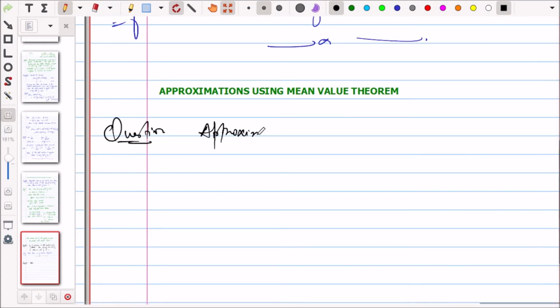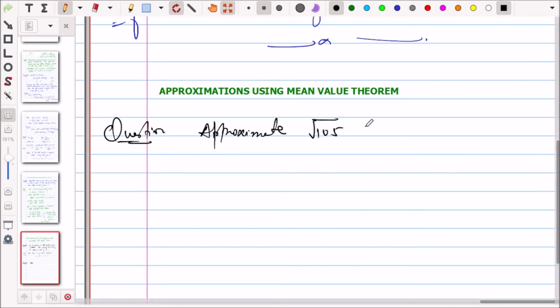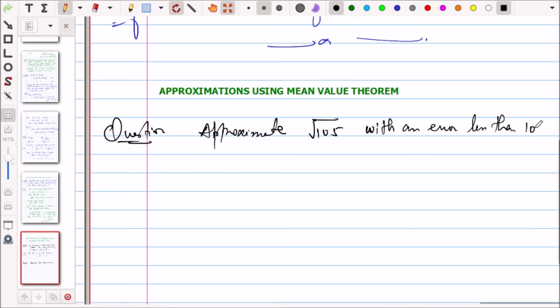Approximate root 105 with an error less than 10 to the power minus 2. So basically you have to get the approximation correct up to 2 decimal places.